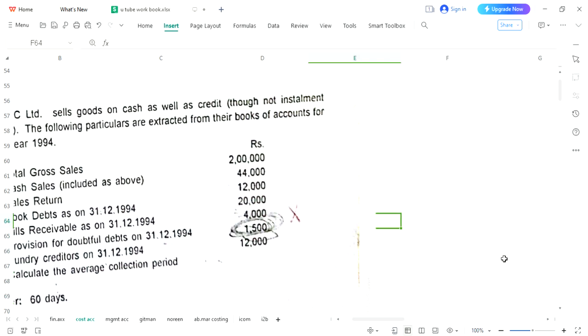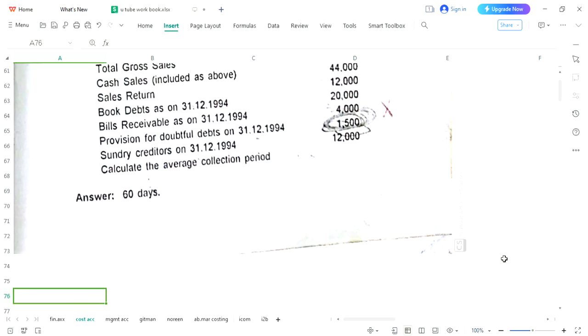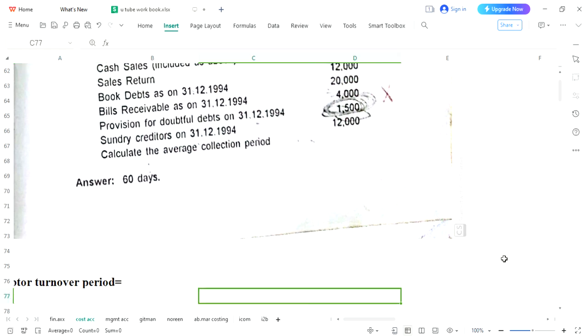Average collection period or debtor turnover period. This is the only formula which is needed. Alright guys, for that we know the formula.